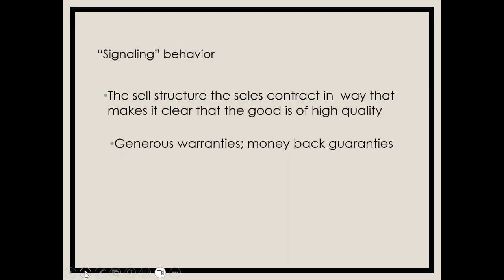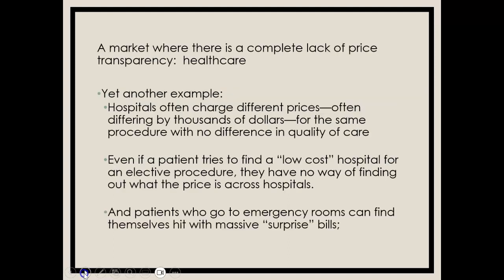So that's a signal they're giving you that they believe in the quality of their product, and that you should believe in it too, because they wouldn't give that kind of a guarantee if they didn't believe that they wouldn't have to pay out. So this signaling through guarantees, warranties, money back guarantees are a way that manufacturers can signal that their product is of high quality, and that you should buy it without worrying about information asymmetries.